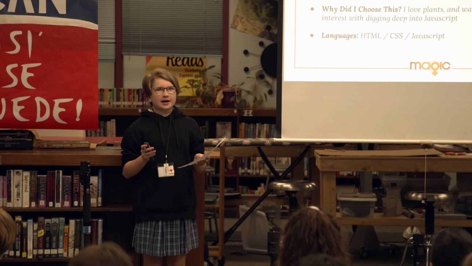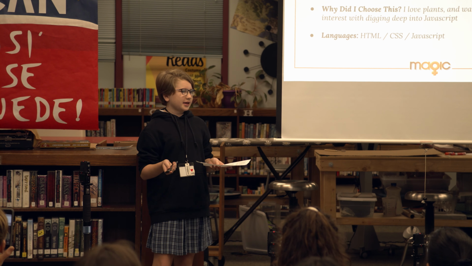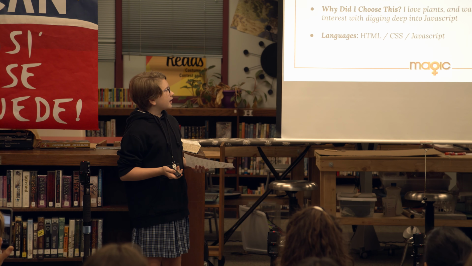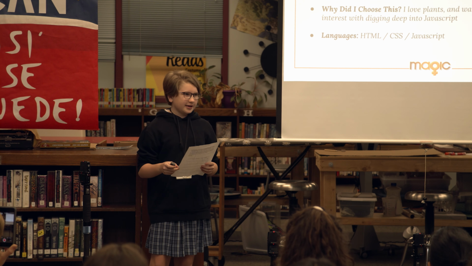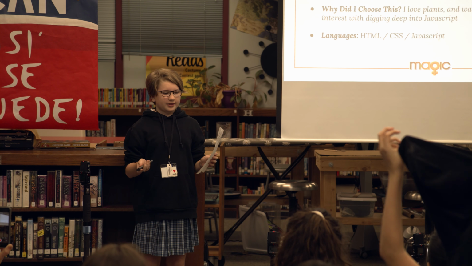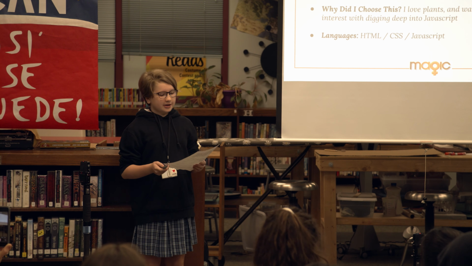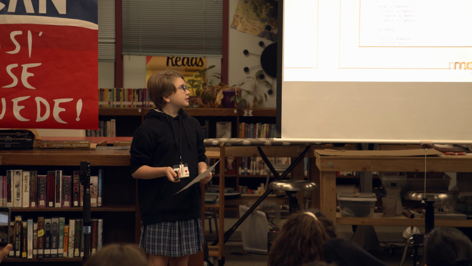And every time the month changes, it will change the month and it will change the plants that are in that month. And I chose this because I love plants, and I wanted to kind of show that in coding. And I use HTML, CSS, and JavaScript.